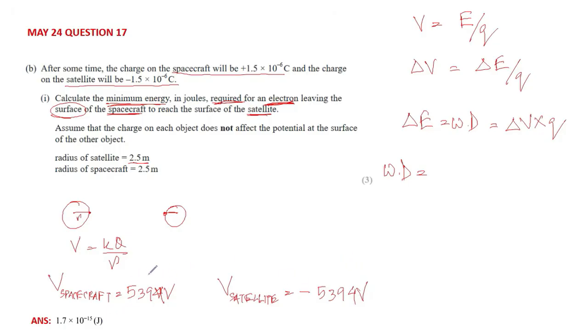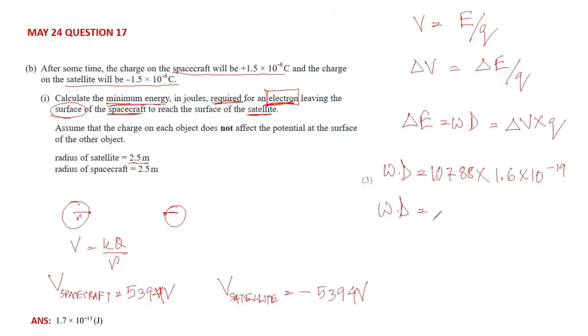So 5394 minus minus 5394 gives you 10788. 10788 times Q, the charge of an electron, which is 1.6 times 10 to the power minus 19.